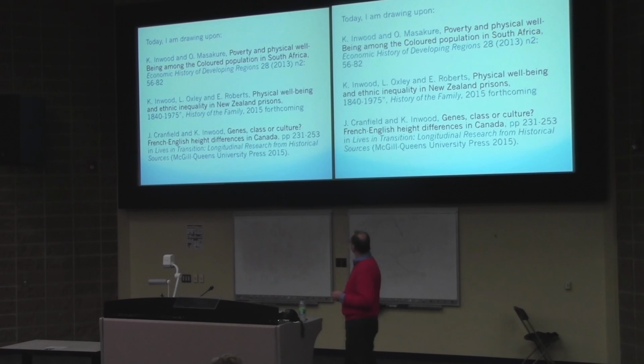The New Zealand paper is really an installment on a bigger paper looking at the Maori in New Zealand. And the Canadian paper with John Cranfield, notice he's not here, I can say whatever I want, is French English, and there's more of that going on too. The bigger frontier for Canadian research, though, is the Aboriginal population in Canada, different Aboriginal groups.